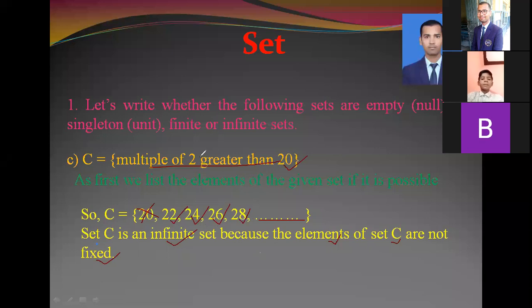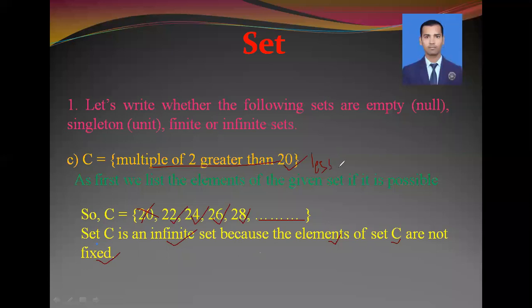But on the condition that our question says multiples of 2 greater than 20 and less than, suppose, 30, on this condition we can write the elements 22 to 28, which are greater than 20 and less than 30.